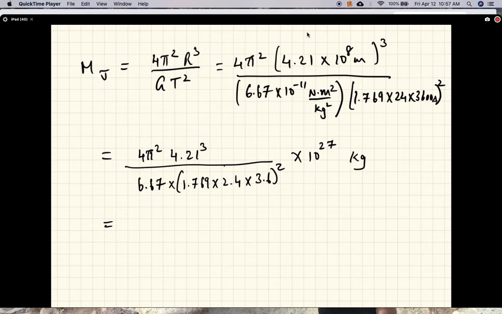Okay, so the numerical factor works out to 1.89 times 10 to the power 27 kg. That's the mass of Jupiter.